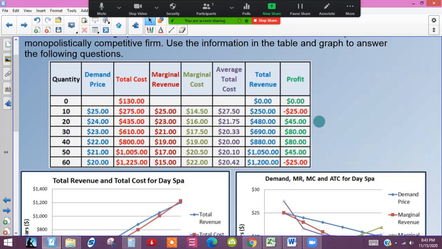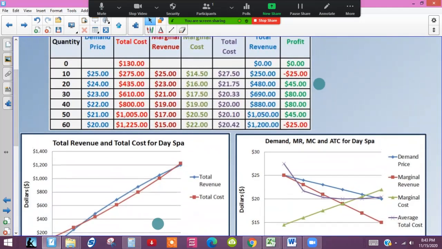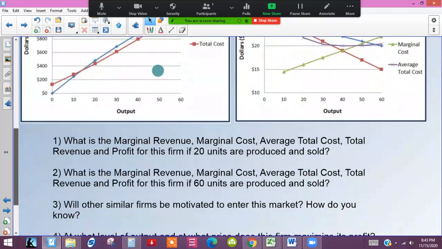So that's how you figure those out. You can figure out your marginal revenue, marginal cost, average total cost, total revenue, and the profit for any level of output that I'm asking you to do.